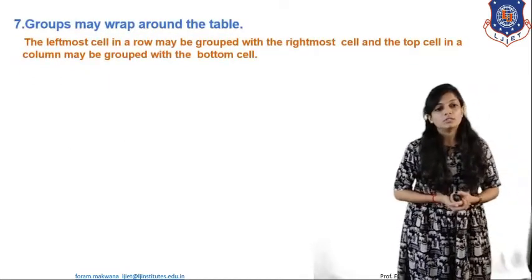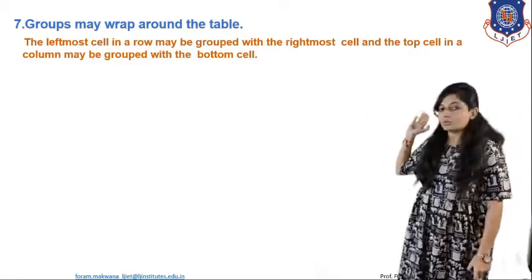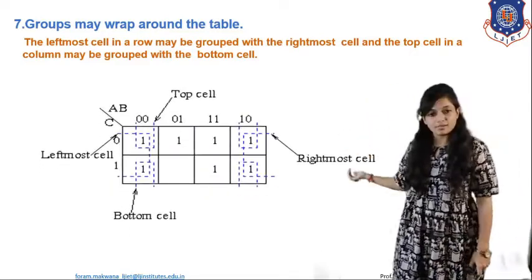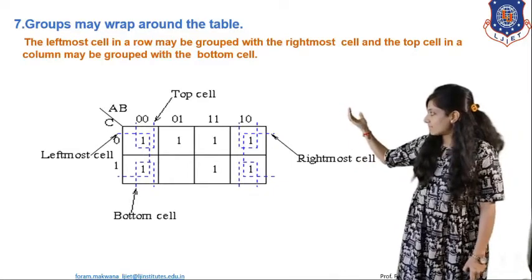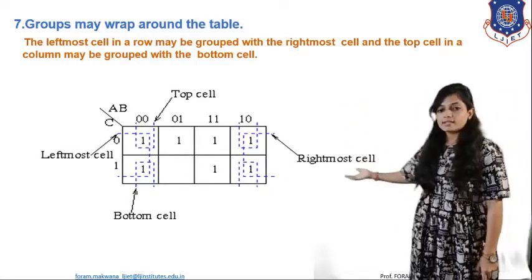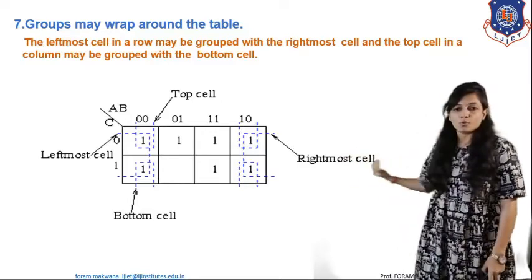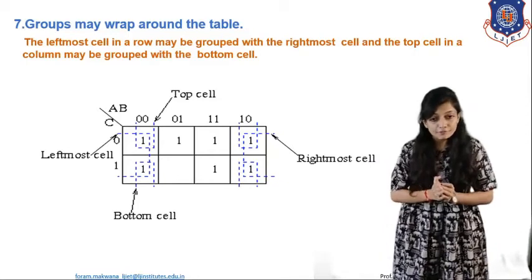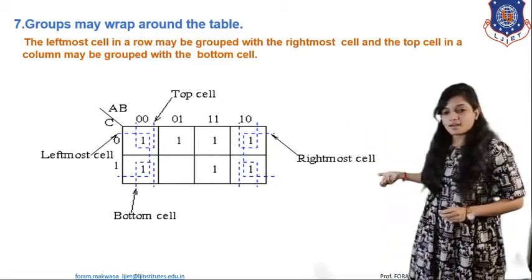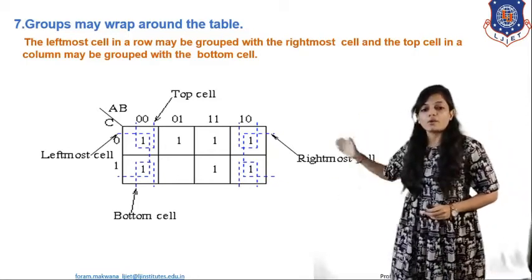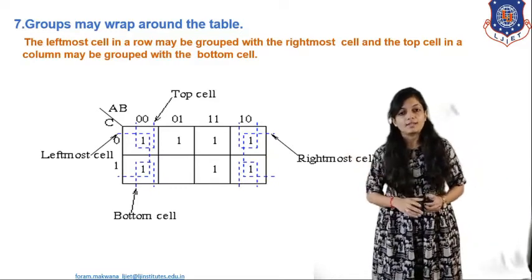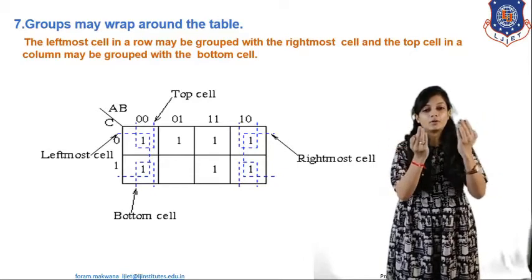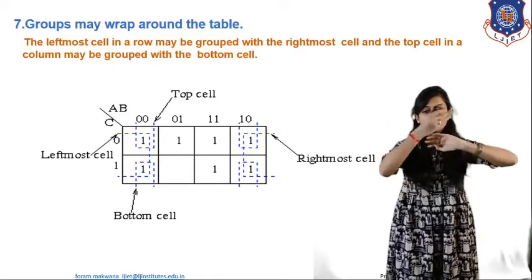Seventh rule: groups may wrap around the table. How? This is the three variable K map in which you can see A, B variables are column wise and C variable is row wise. So how do we make a group? If all the ones are present at the corners, we can say that the K map should be wrapped horizontally or vertically.